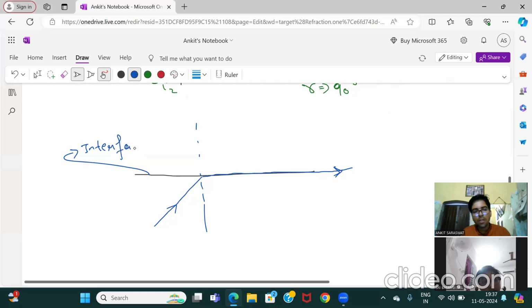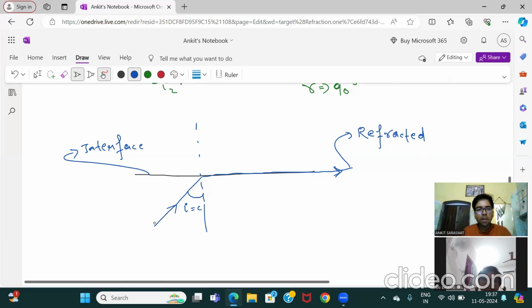So at this angle of incidence, the refracted ray becomes parallel to the boundary like this. Then this angle of incidence is known as critical angle. I just denote it as I equal to C. So what is critical angle? It is that angle of incidence at which our refracted ray becomes parallel to the boundary.